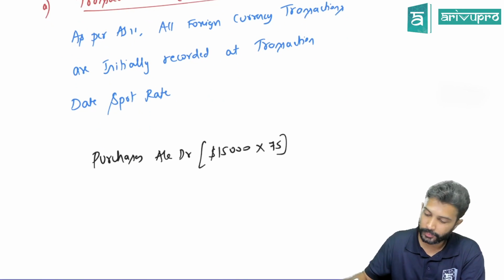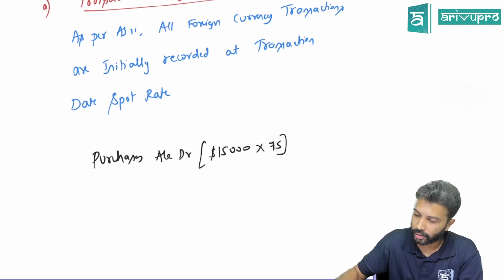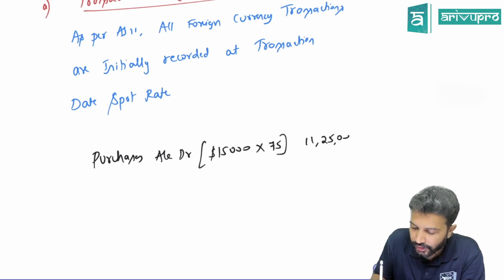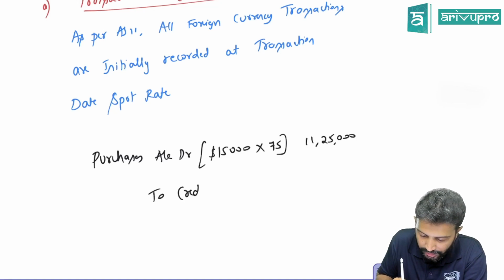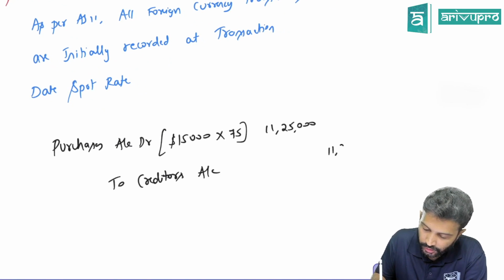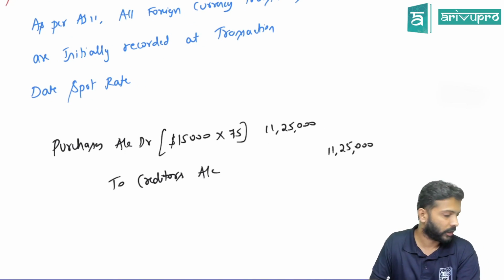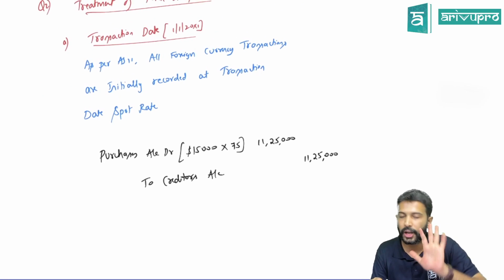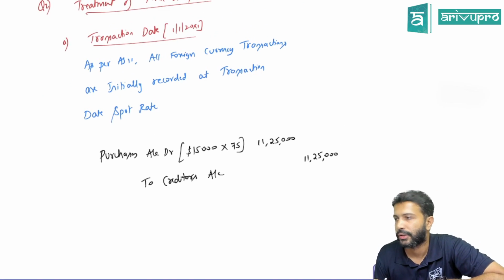So give me the amount. 15,000 into 75 gives 11,25,000. So purchases account debit to creditors account, 11,25,000. Any problem, anybody? No. So this is the accounting for the transaction.